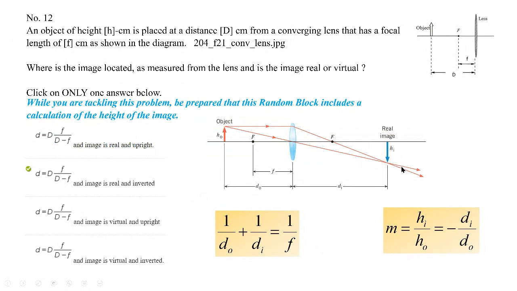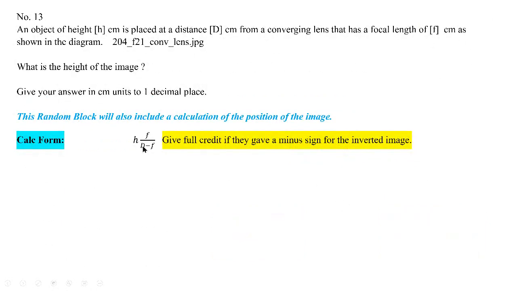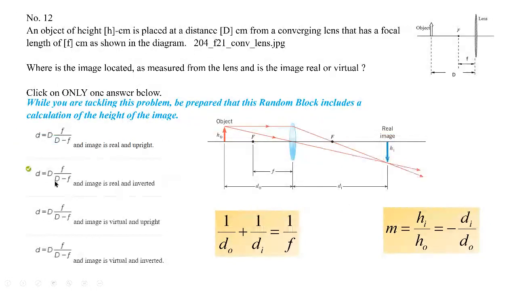If my di is on this side of the lens, then di is positive, but now the hi is minus, so it's therefore inverted. If the image is on this side, di is negative, then it is positive.